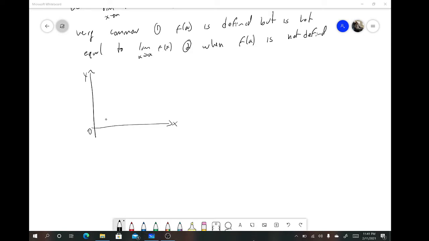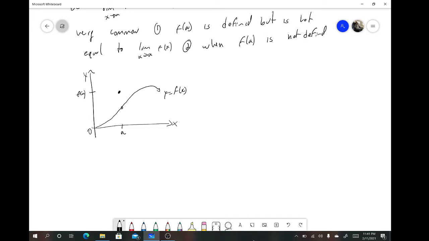So let's say we have some function like this. Say this is y equals f of x. And here we have some discontinuity. Let's say that here's where a is, and instead of a being what we expect it to be, f of a is somewhere up here.